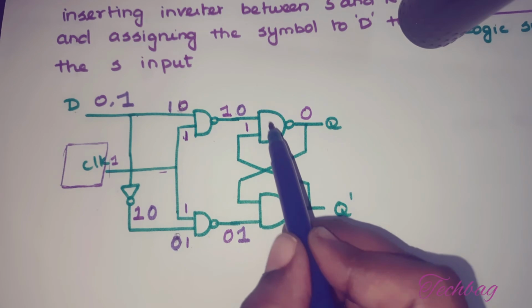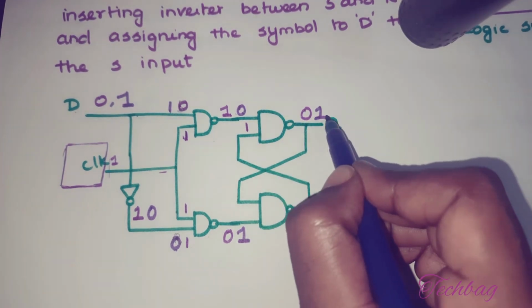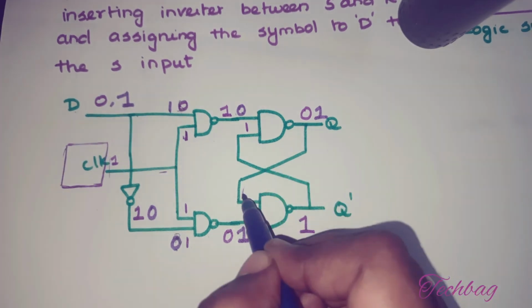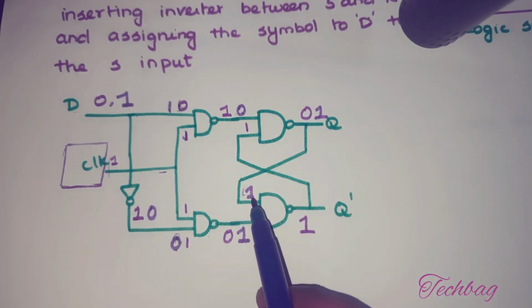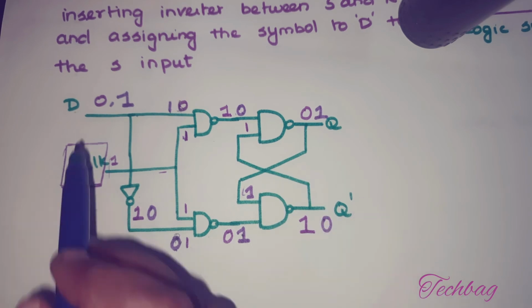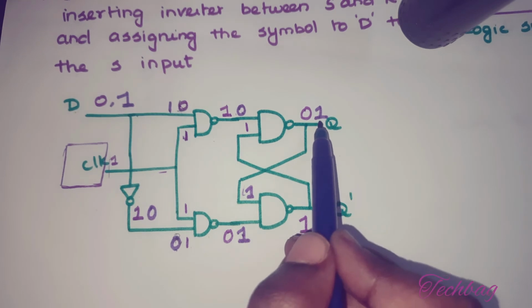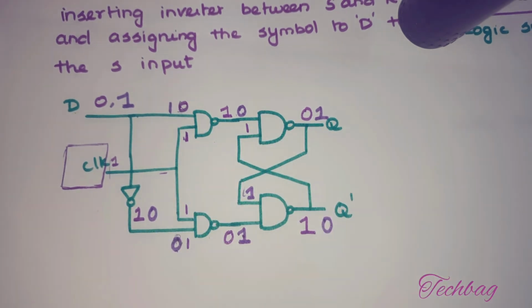And here one of the inputs is 0. So you get 1 as output. This 1 will come here. Now both the inputs are 1. So the output is 0. So you are giving 1 at the input, you get the same value at the output. So it is called delay flip-flop.